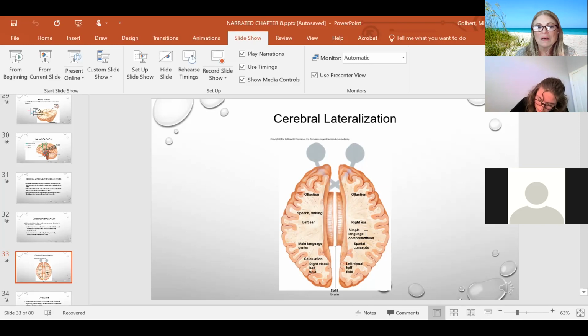Those are the people that are musicians, or dancers, or things like that. If you look at the left side of the brain, on this side, we have the main language center, which is your Broca's area. And we also have the speech and writing. So on this region is what we say that you are more of a left brain person, and you will be more inclined to math and science and research and writing and things like that.